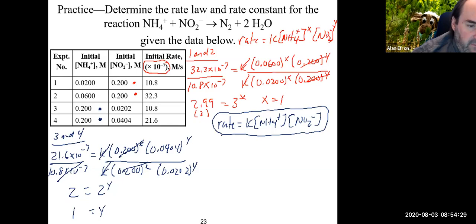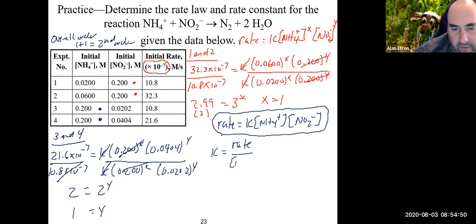It also means that the overall order here would be 1 plus 1, which would be second order in this case. Now we have the completed rate law. We can rearrange it and solve for K. So K in this case would equal the rate divided by NH4 plus and NO2 minus.